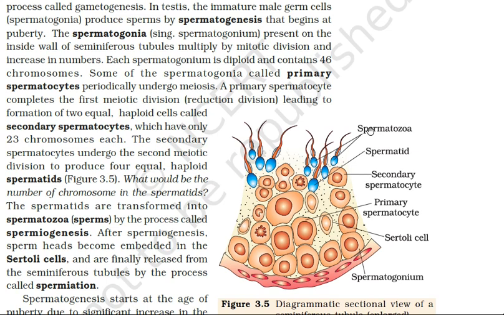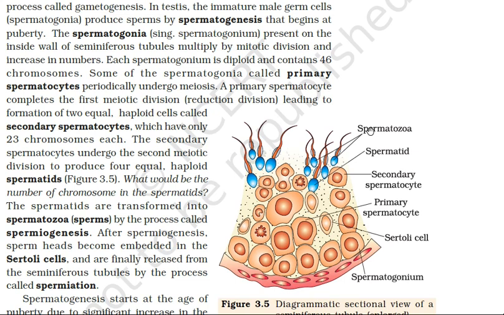Okay, so there are all the terms starting with S, but they are quite different from each other. I'll recall them when I finish this topic. From one diploid primary spermatocyte, 4 haploid sperms are formed.